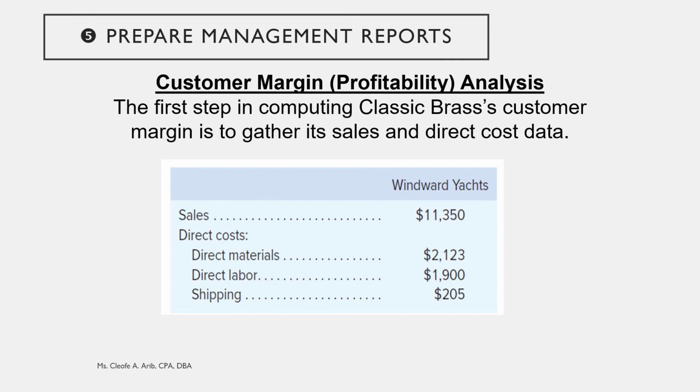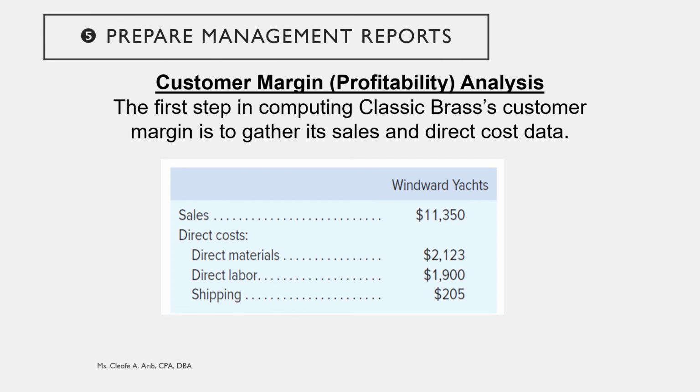The next thing that you do, since you now have a product margin report, let's create a customer profitability report for one customer. So let's have Winward again as an example. Now, similar to the product profitability report, you need to gather data concerning sales to Winward as well as the direct materials, direct labor, and shipping costs associated with those sales.